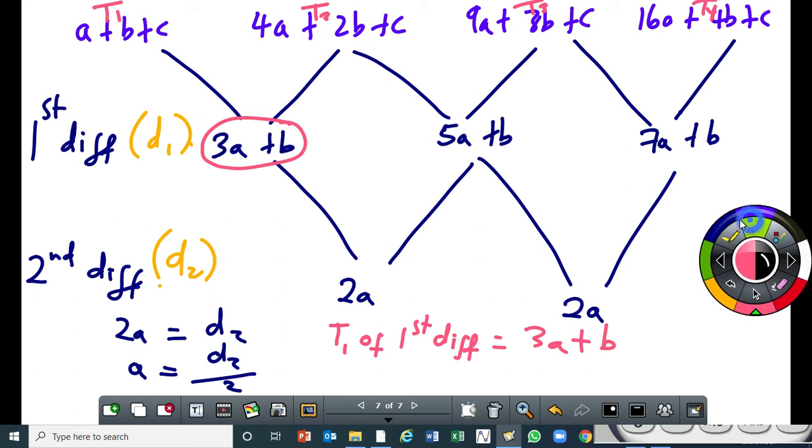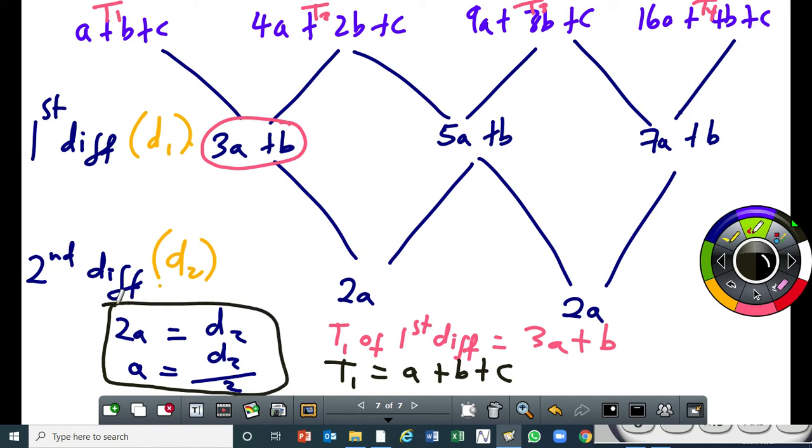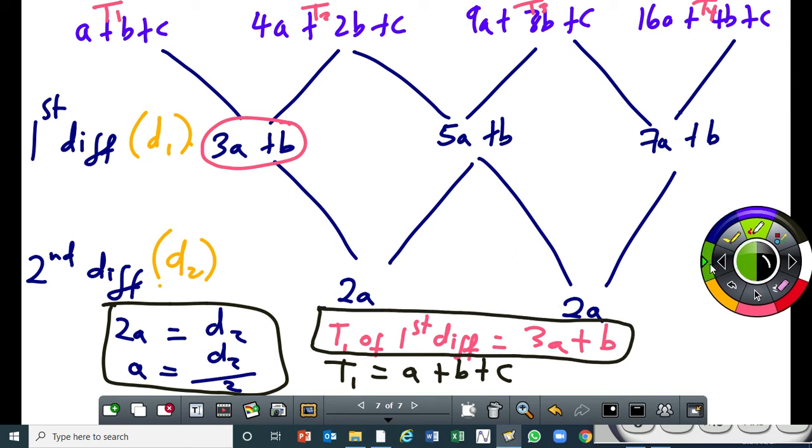T1 of the original quadratic pattern will be equal to A plus B plus C. So you have to know this formula: this one for calculating A, this one for calculating B, and the last one for calculating C. So you must get A first, then B, then lastly your C.